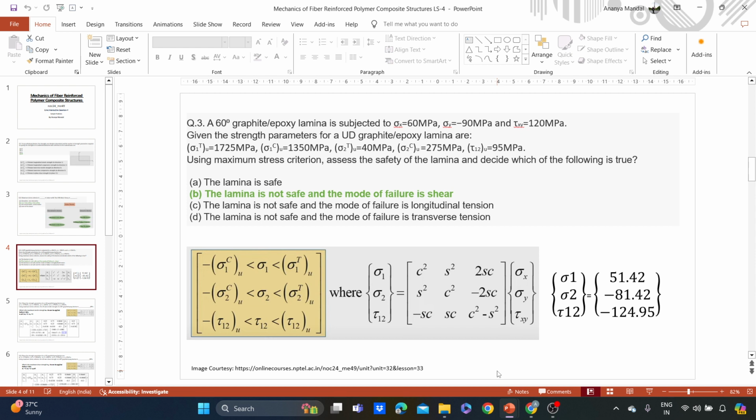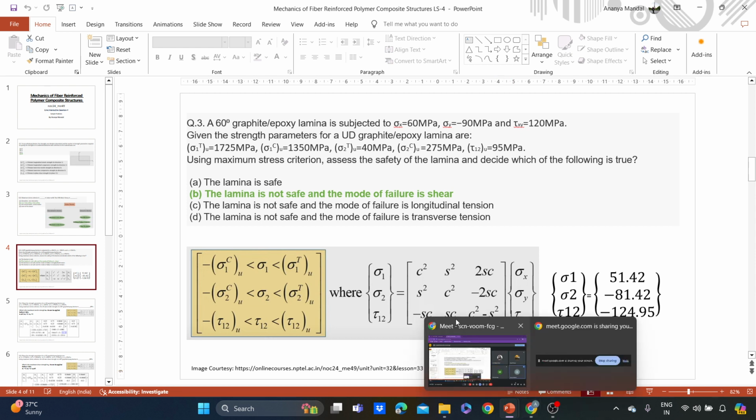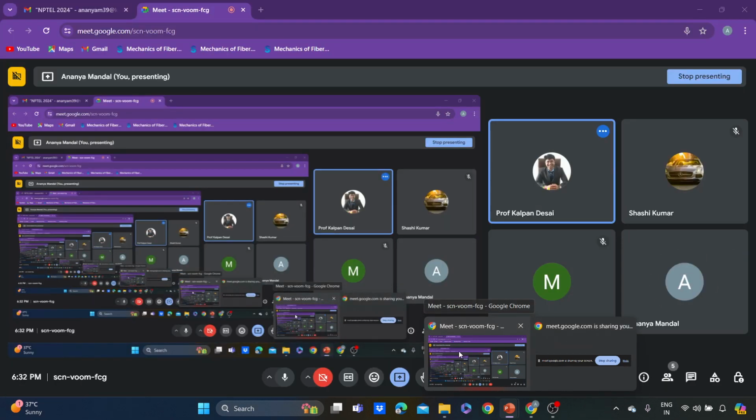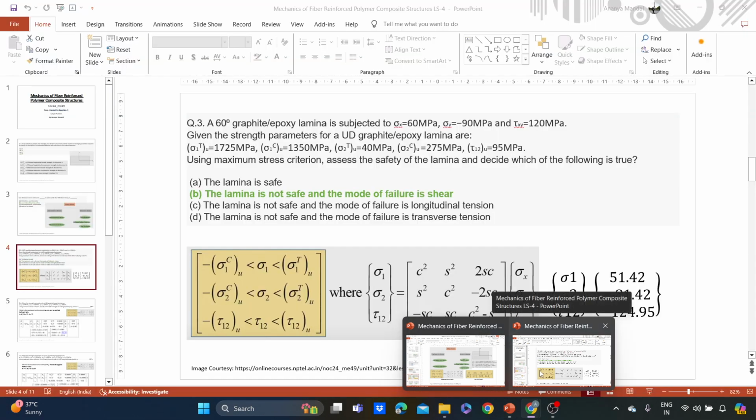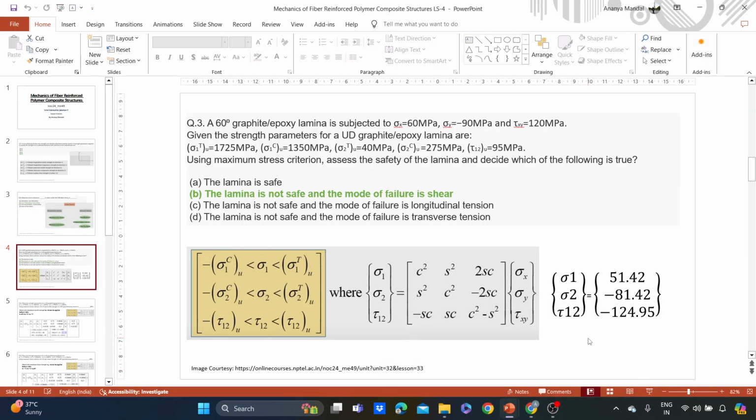How to find these sigma 1, sigma 2 and tau 12? When I calculate this, the number I found is different. You didn't get these values? Yes. Okay, I will resolve it and check.